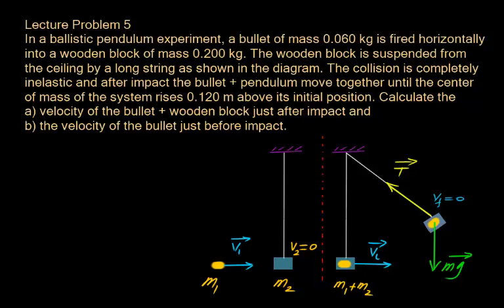However, the tension T is a non-conservative force. But in pendulums, the tension always acts perpendicular to the velocity of the block. Therefore, the work done by the tension is always going to equal 0. Conclusion: the work done by the non-conservative forces must equal 0 also.